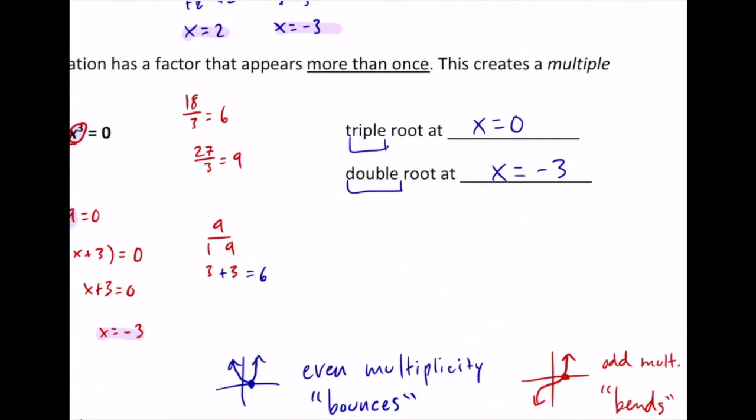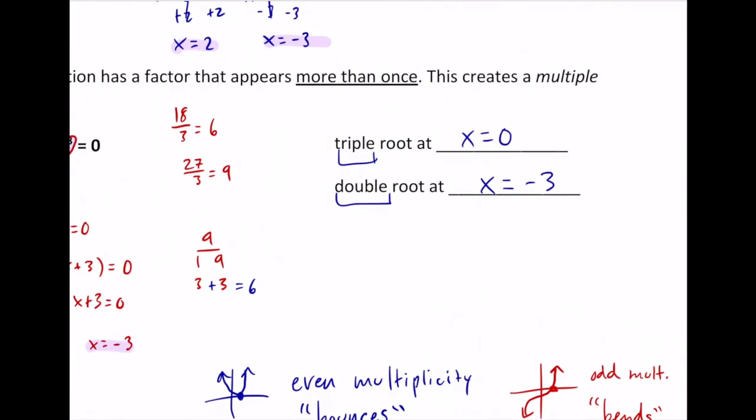So let's look at that in terms of this example up here. We had a triple root. So that means we had a multiplicity of 3. 3 is an odd number. So because it's odd, it's going to bend. It's going to look like that cubic function.